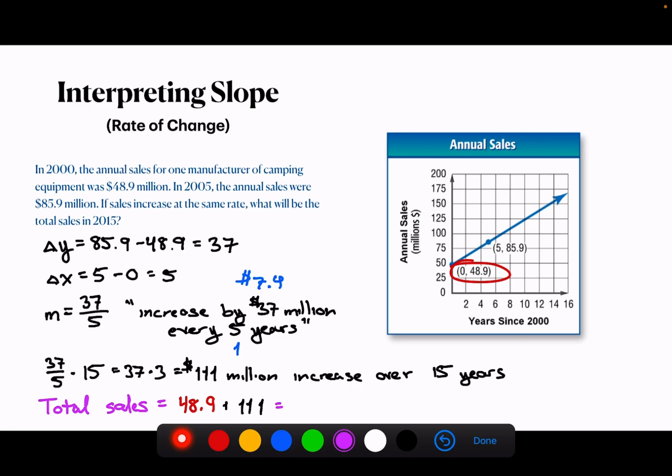And this is going to give us 159.9 million dollars in 2015.